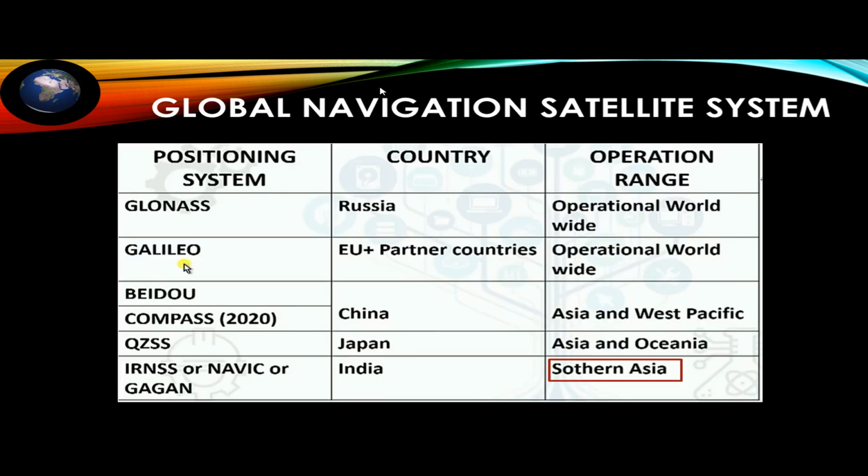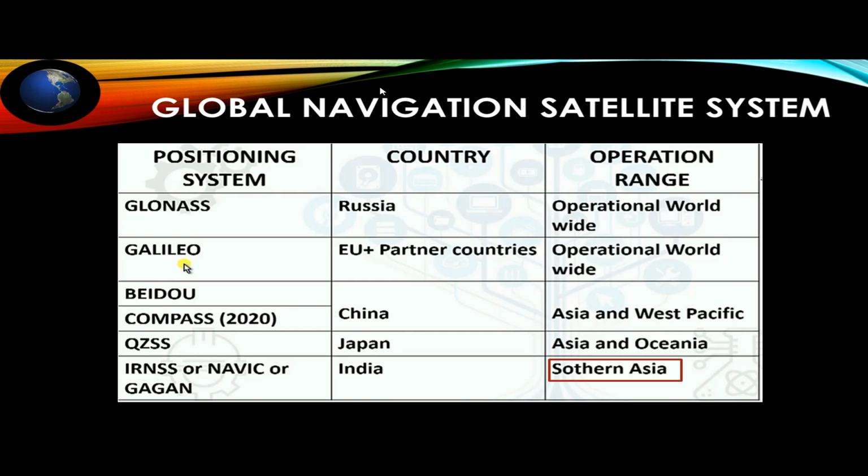Now, what is the global navigation satellite system? Generally we have a number of positioning systems like GLONASS, Galileo, BeiDou, Compass, QZSS, and the Indian navigation satellite systems, NavIC and GAGAN.